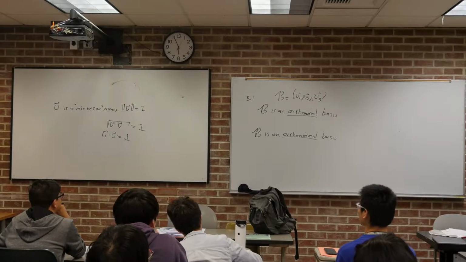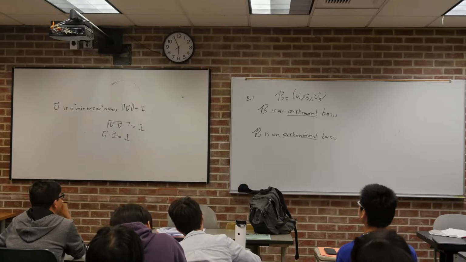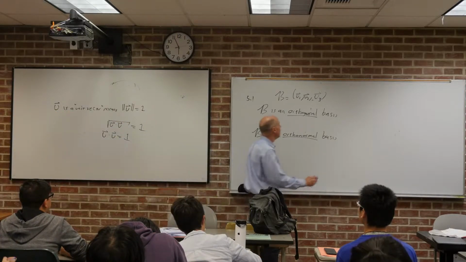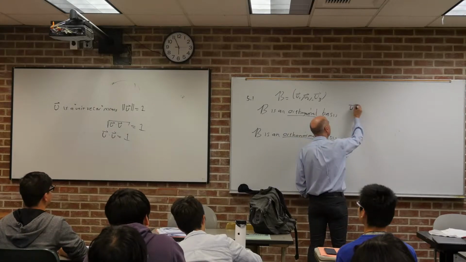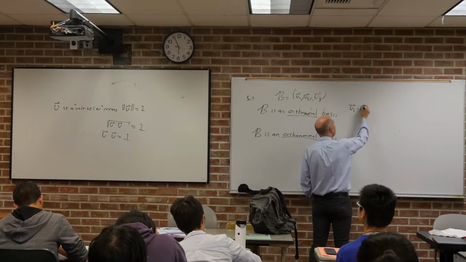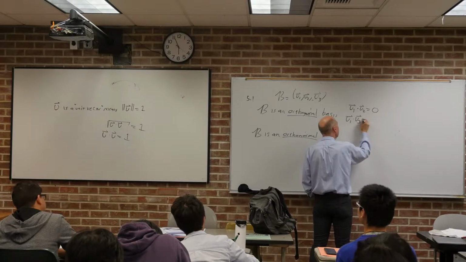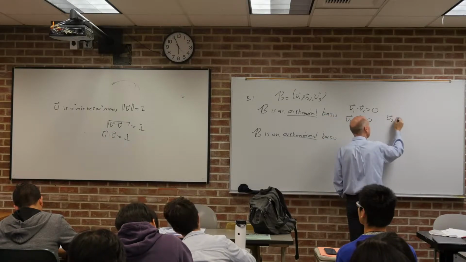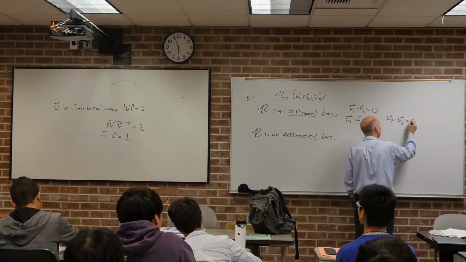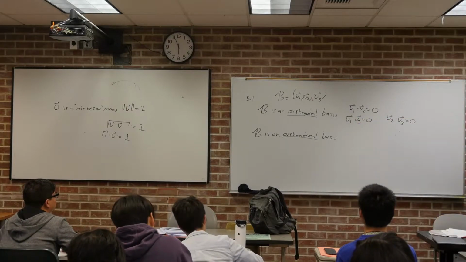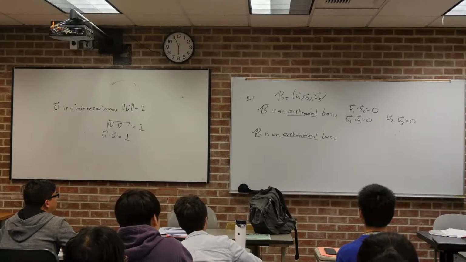Two words: some bases are orthogonal and some bases are not. Orthogonal means U1, U2, and U3 are all perpendicular to each other.